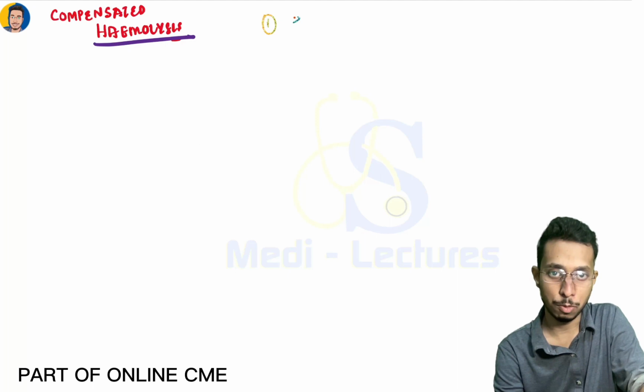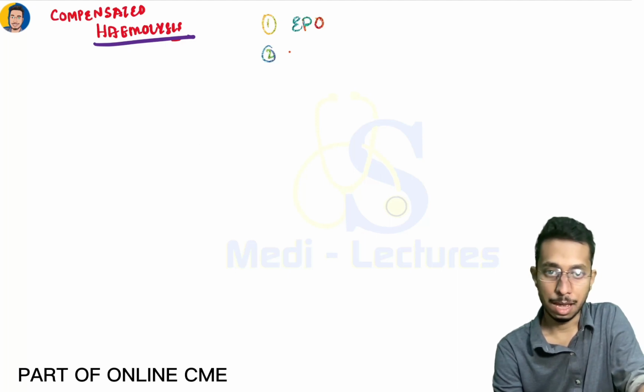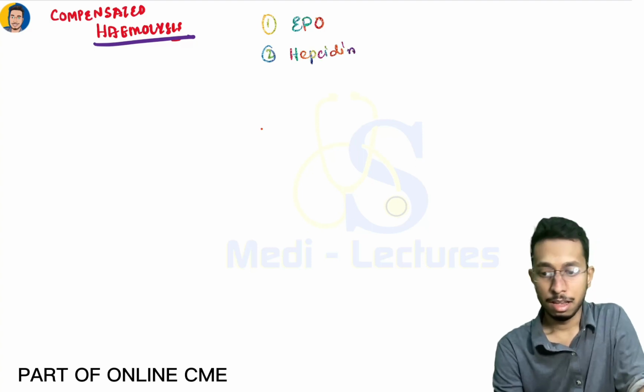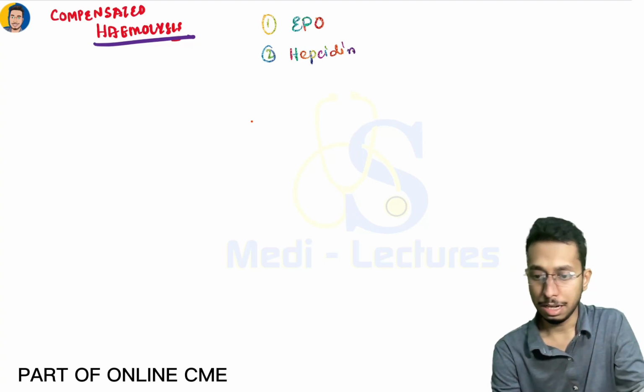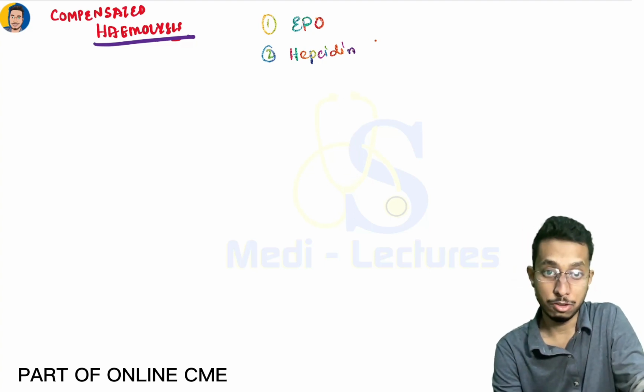One is erythropoietin and the other is hepcidin. In this case, hepcidin will be inhibited and erythropoietin will be overactivated.